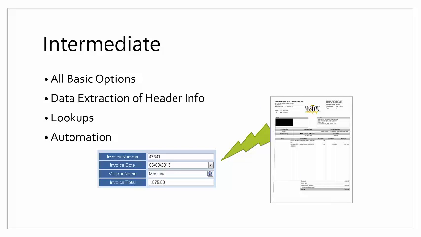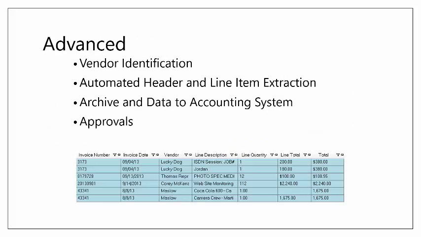And now we have all the basic options, but we auto-extract the header information, so no one has to manually key in data. Since it's being automatically extracted, it's the next level of automation, and we can file these once again and archive them. Now, for the last and most advanced version, invoices get scanned in and are automatically recognized from being a known particular vendor.